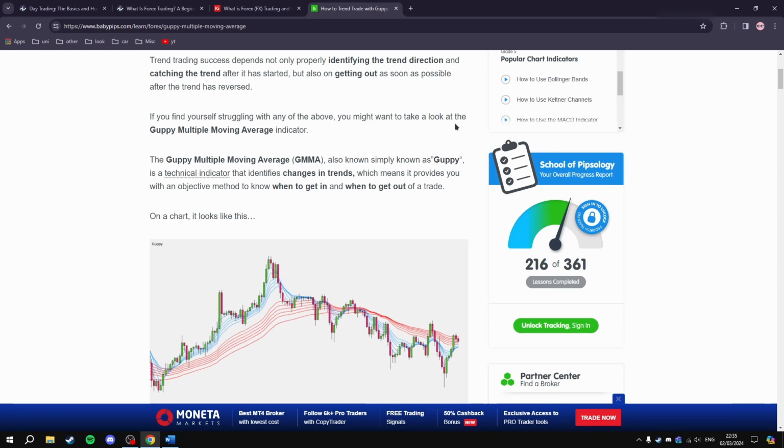If you find yourself struggling with any of the above, you may want to look at the Guppy Multiple Moving Average indicator. The Guppy Multiple Moving Average, also simply known as Guppy, is a technical indicator that identifies changes in trends, which means it provides you with an objective method to know when to get in and when to get out of a trade.